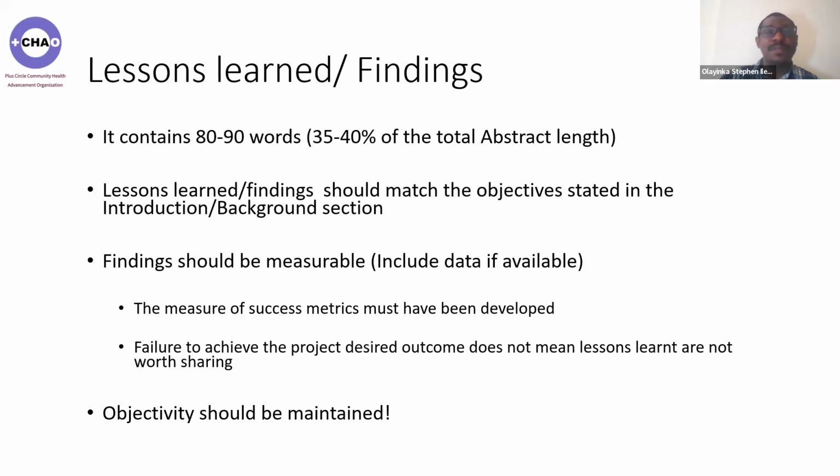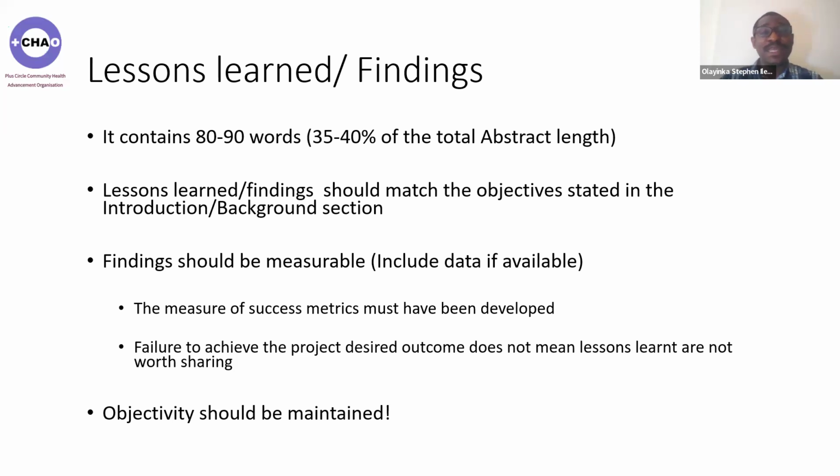Likewise, the lessons learned or the findings. So the two most important parts of your abstract are the methods, which is the description in this case, and also the results, which is the findings or lessons learned in this case. Then the remaining part, the conclusion and the context or the background, they can share maybe 10% each if your description is about 35 to 40 and your lessons learned is about 35 to 40.